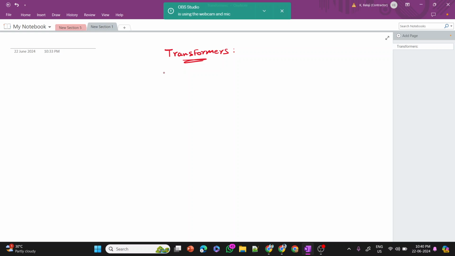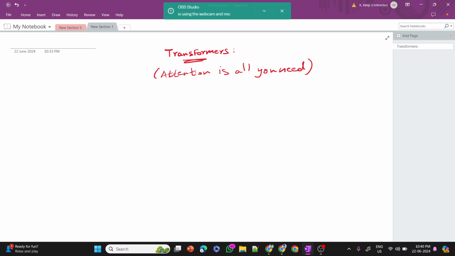It was released by Google in the paper called "Attention Is All You Need". This paper was released by Google in 2017. They proposed the transformer model.